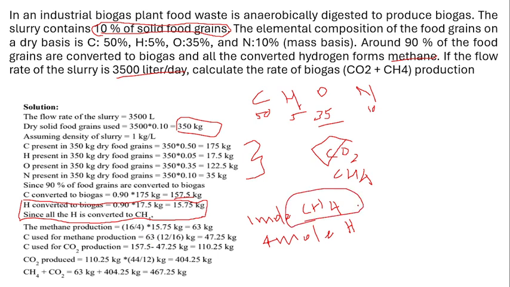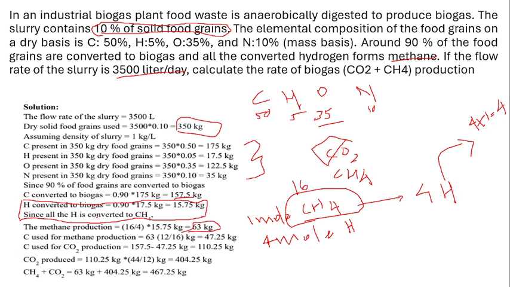In the CH4, there are 4 hydrogen atoms. So the molecular weight of hydrogen is 4 into 1, which is 4. The molecular weight of CH4 is 12 plus 4, which is 16. So 16 grams of CH4 is formed from 4 grams of hydrogen. So the methane production can be calculated by dividing 16 by 4 and multiplying by 15.75, which is 63 kg.